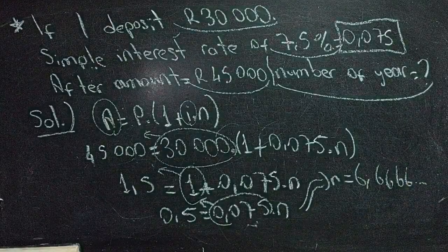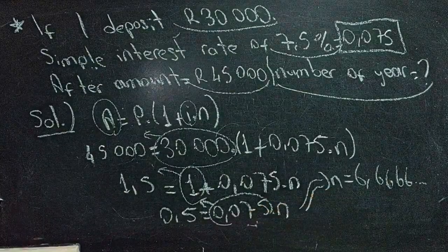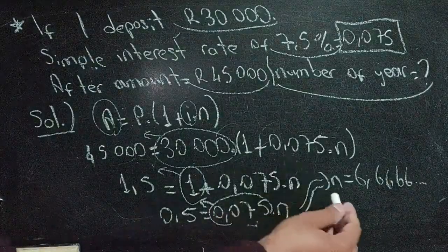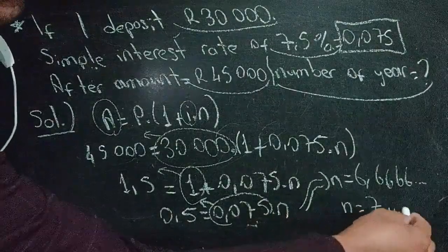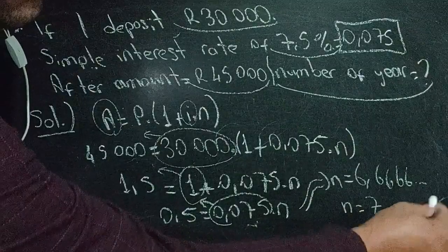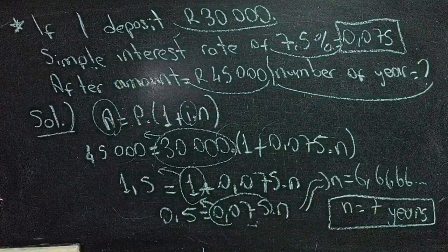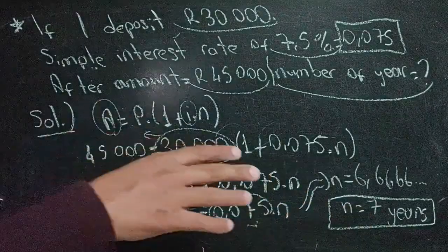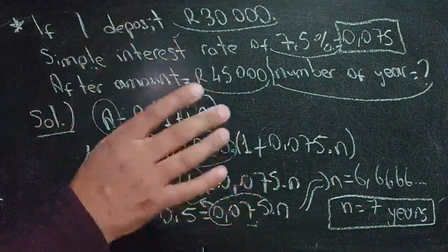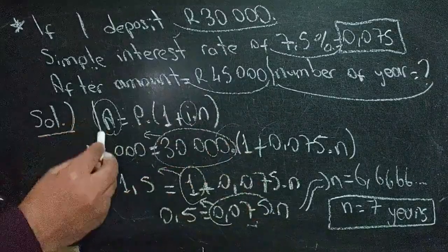So n must be a whole number, and this 6,6 is going to go up, round up. That will be 7 years. All right, my answer is going to be 7 years. All right, so doesn't matter what question you come across, you are going to use every time this formula.